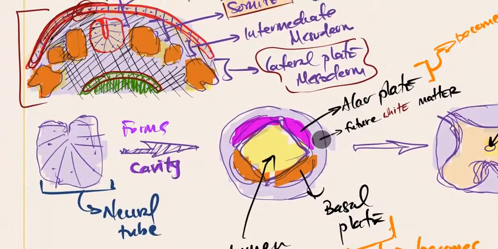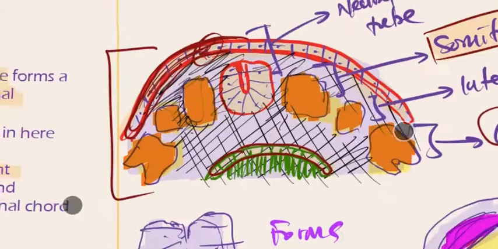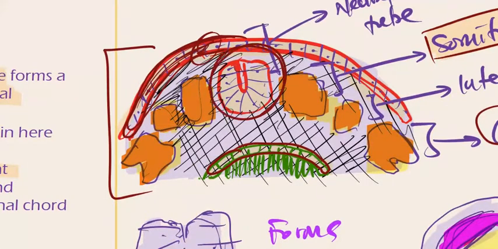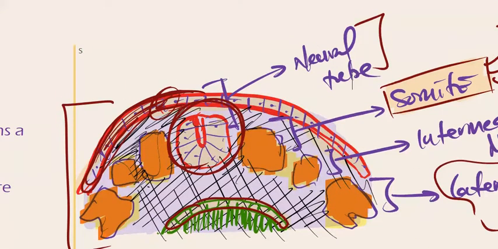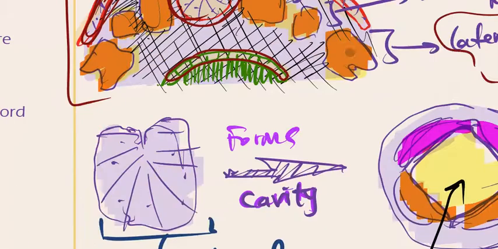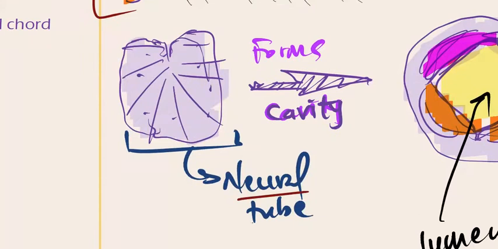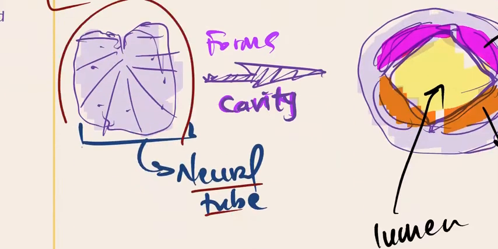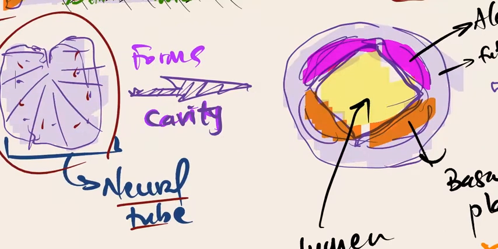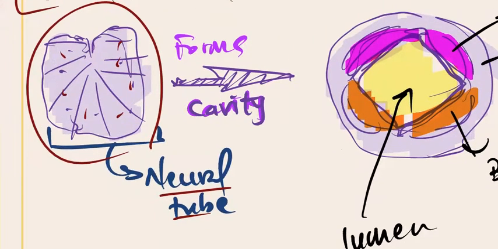Now, this is our neural tube right here, right? So this neural tube is giving rise to what for us? The spinal cord, okay? This is the neural tube as we see it right here. We see the cells and so on. These cells are going to proliferate, and then they're going to form a cavity or a lumen.